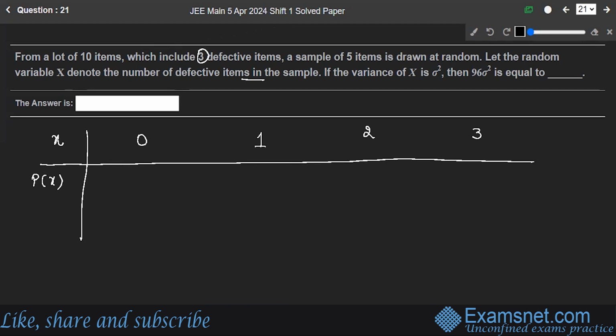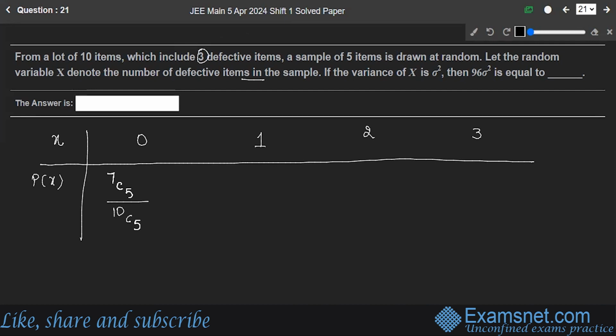So you have total 10 items. You have to pick up 5 items. So out of those which are withdrawn, 10C5, and the 7, like nothing defective is withdrawn, all the items are good, which is 7C5.